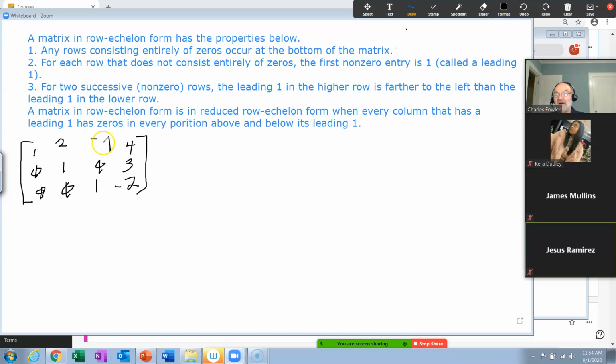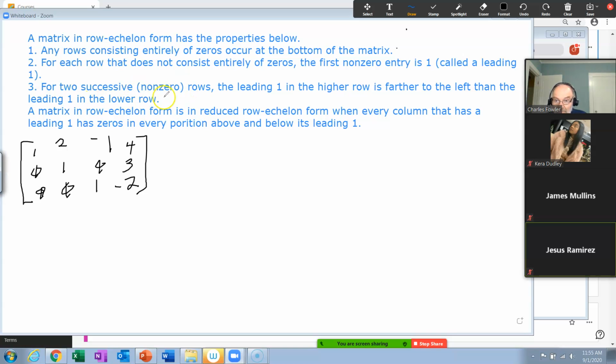So the -1 also knocks it out. It wouldn't be hard to get this into reduced row echelon form. You could just add -2 times row 2 to row 1, that would make that a 0, and add row 3 to row 1, that would make that a 0, then you'd have it in reduced row echelon form. But it's not there yet.